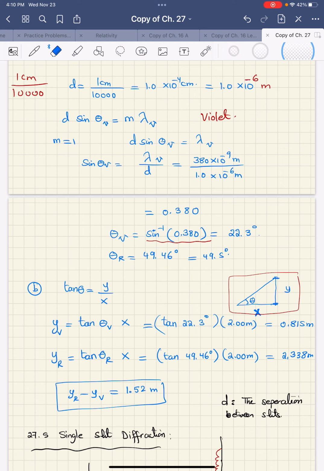Using the angle times 2, which is the screen distance, we are able to calculate that this one is 0.815, and for the red it is going to be 2.338. Therefore, just subtract, and you're going to find that it is 1.52.